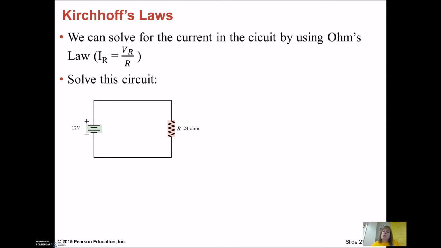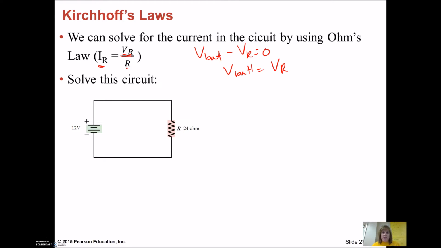Now, we can use loop equations to solve for the current in the circuit by combining it with Ohm's law. So I had V_BAT minus V of the resistor equals 0, or V_BAT is equal to V_R. Now, with Ohm's law, the current through the resistor is equal to the voltage across the resistor divided by the resistance.